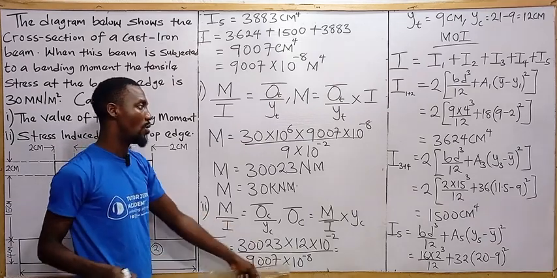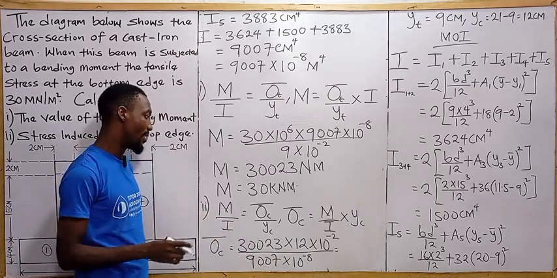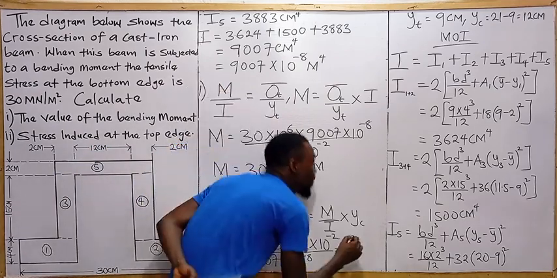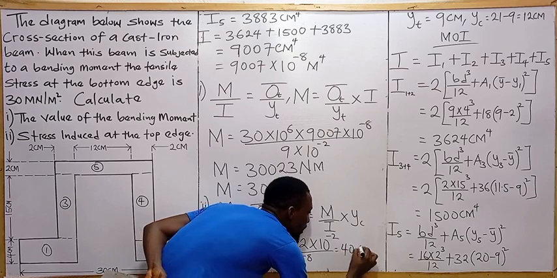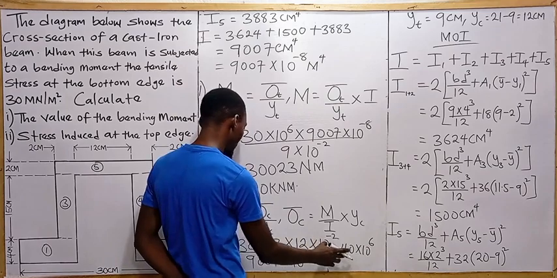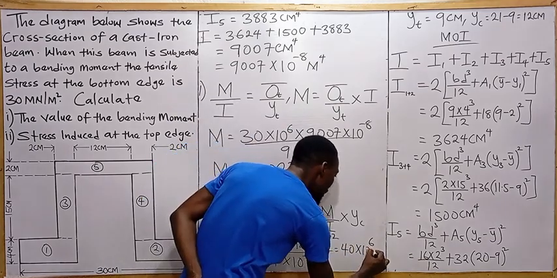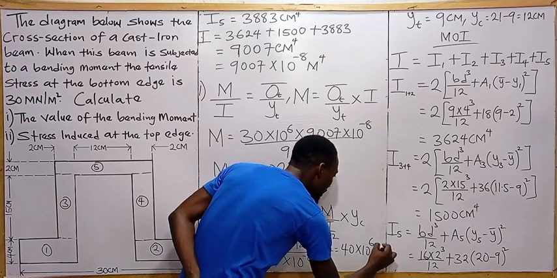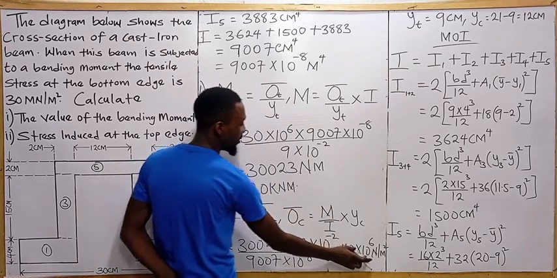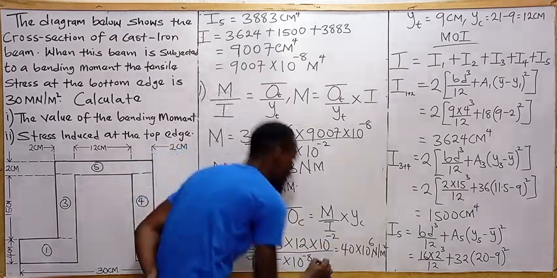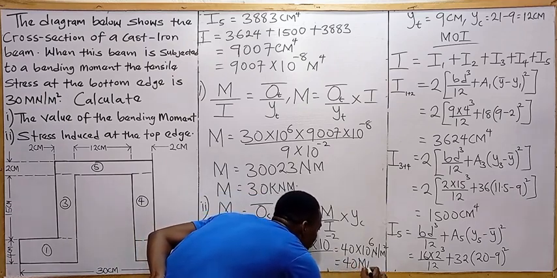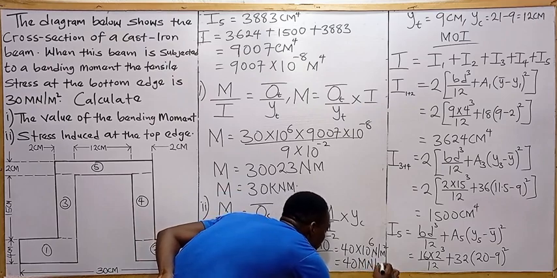So if you press this, you are going to have your answer to be 40 times 10 to the power of 6, the unit is going to be Newton per meter squared. You can replace this 10 to the power of 6 with mega. So your answer is going to be 40 mega Newton per meter squared.